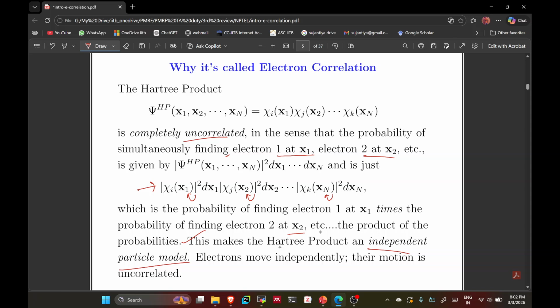Because in Hartree-Fock you are taking a single Slater determinant, you don't see the effect of the position of electron 1 on the position of the electron at another position, x2. That's why the electron correlation is not there in Hartree-Fock.